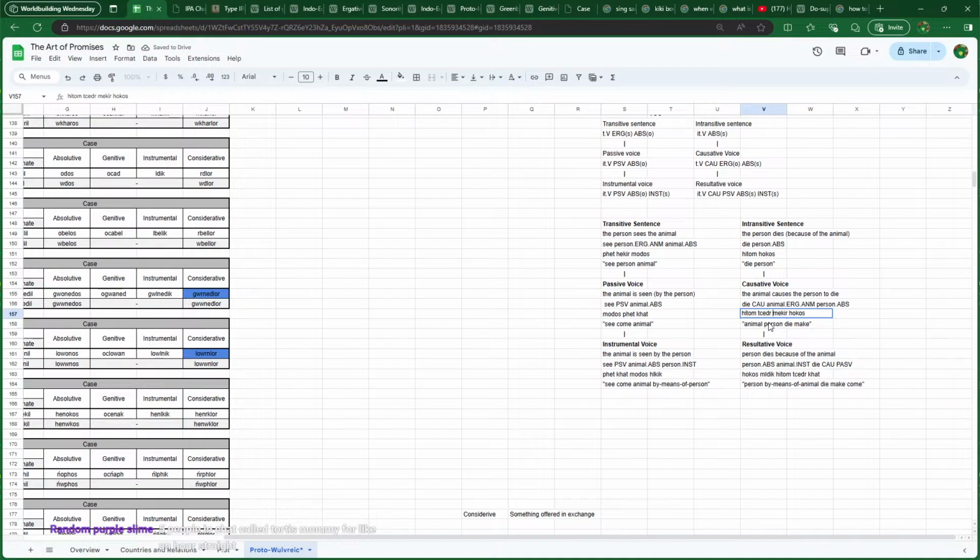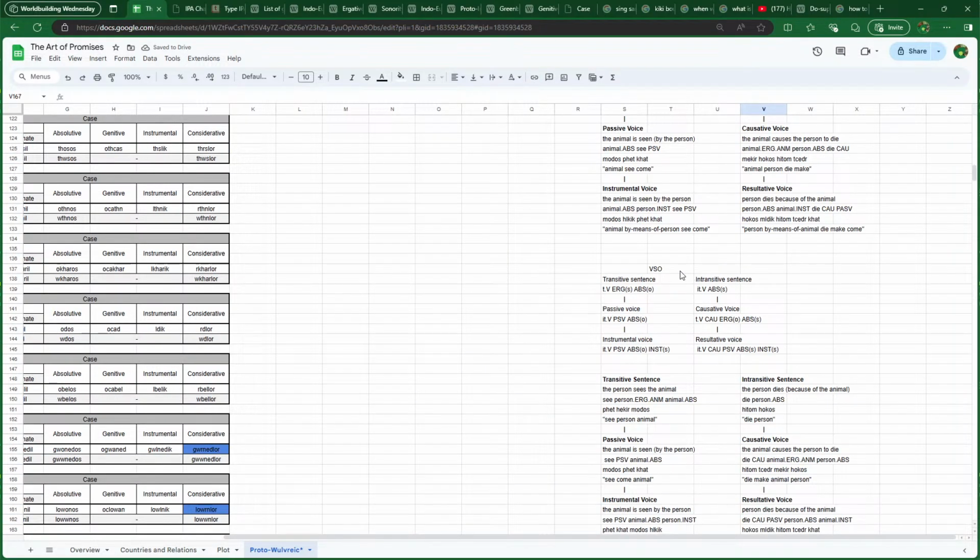Okay. So, we've got the SOV sentence flowchart, I guess, is a good way of saying it. And now we have the VSO order. We have the VSO order for verb emphasis.